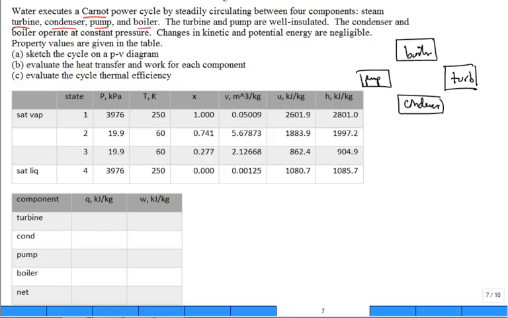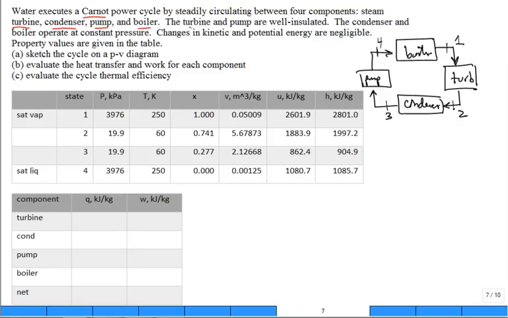And the fluid flows out of the boiler into the turbine, out of the turbine into the condenser, out of the condenser into the pump, and out of the pump into the boiler. Now, it's been common to go ahead and label these states 1, 2, 3, and 4.